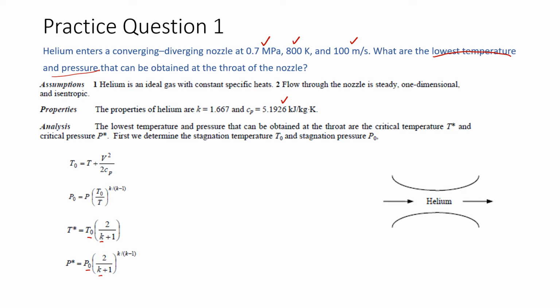So I don't think you have any problem to solve. Plug in the values. You should get stagnation temperature is 801 Kelvin. Again, I strongly encourage that you pause before you see the numbers so that you can see where you get it wrong.